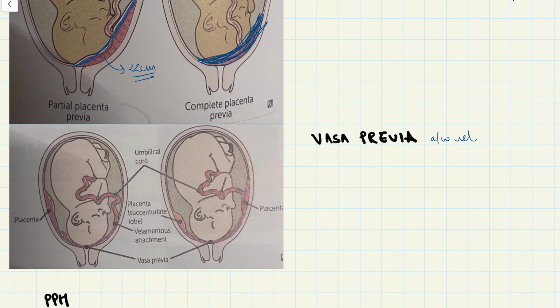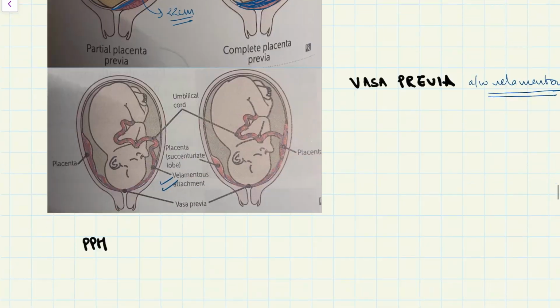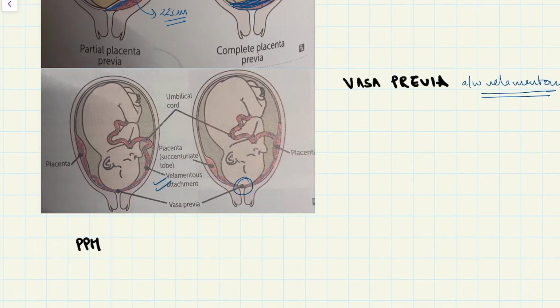It is usually associated with velamentous cord insertion, that is, the cord inserts into the chorioamniotic membrane. So the fetal vessels run over the internal os. It is characterized by a triad of membrane rupture, painless bleeding per vaginum, and fetal bradycardia where heart rate is less than 110 beats per minute.